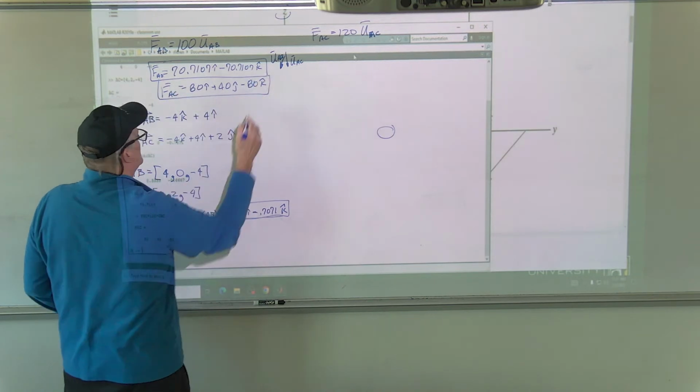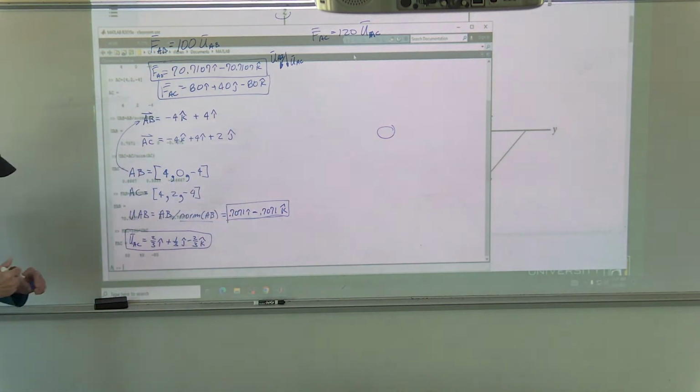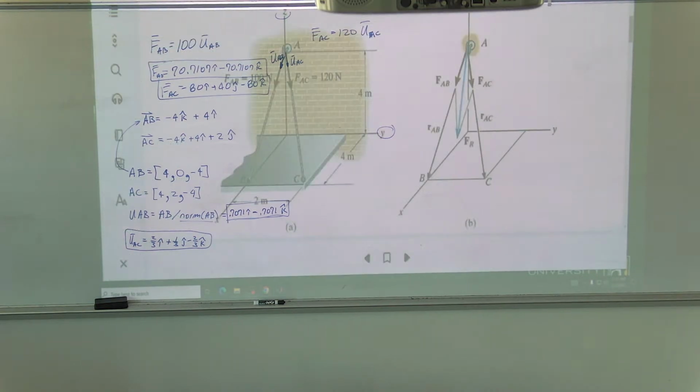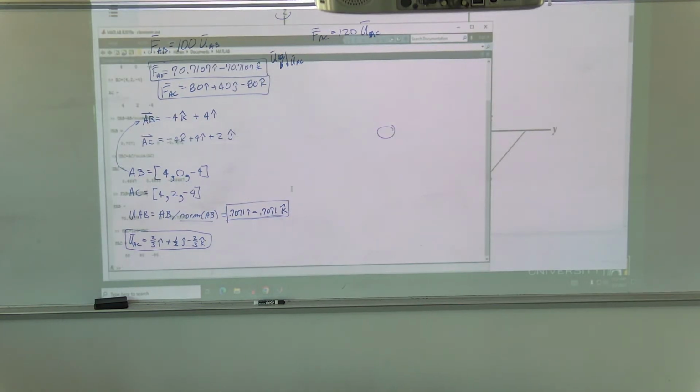Now let's see how we did. We hadn't added them together yet, but we will in a second. Let's add them together because he's going to want to add them together. So F resultant, FAB plus FAC.